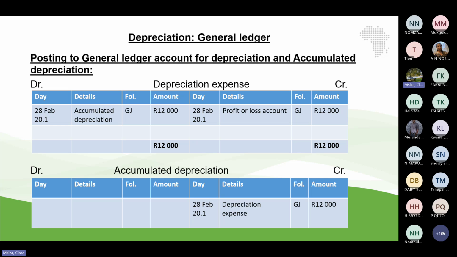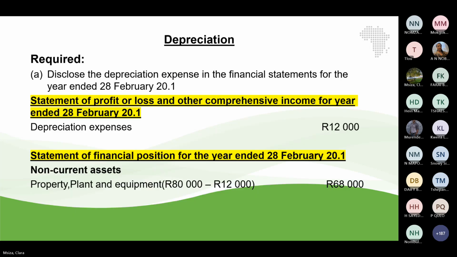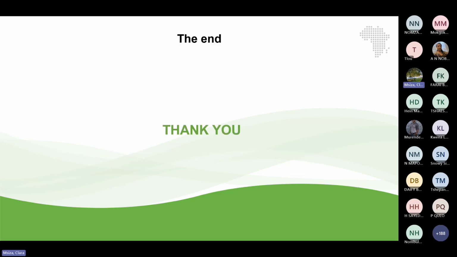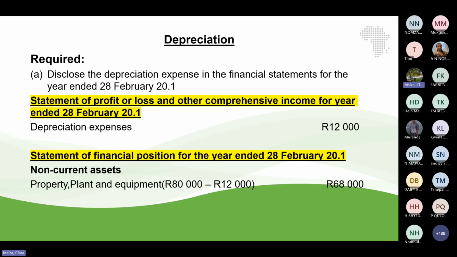Accumulated depreciation. And then how do you disclose this? We know this was 80,000, the machinery that was given. You less the 12,000, then you've got your 68,000. Your expenses will increase with 12,000.